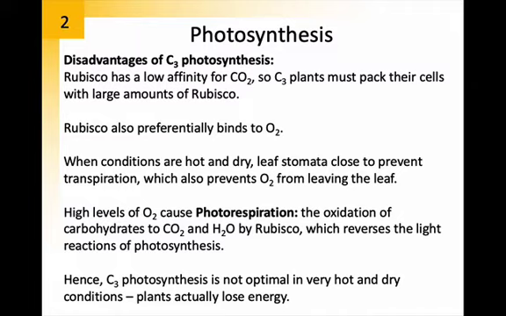So it builds up in the tissues, drives photosynthesis in reverse, and under hot, dry conditions, C3 plants lose much of the energy that they gained in photosynthesis in the first place. This process of driving the photosynthetic reactions backwards is called photorespiration, and it makes C3 plants very inefficient in hot and dry conditions, and they can actually lose energy.